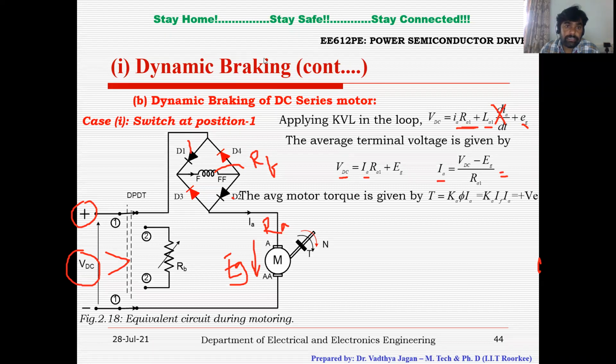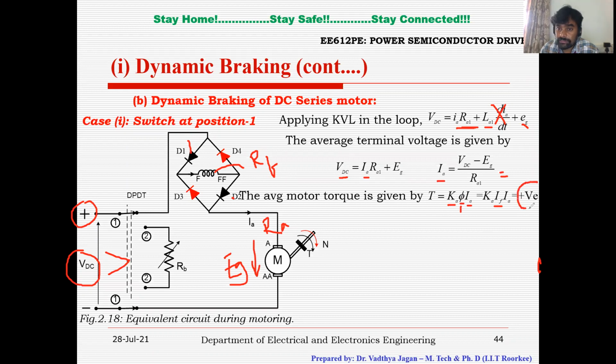If the armature current is positive, the torque will also be positive, because torque in the case of a DC series motor is KA phi into IA, where phi is due to the field current. So instead of phi, I can write IF. The total torque will be KA IF into IA, and both the field current as well as the armature current are positive.